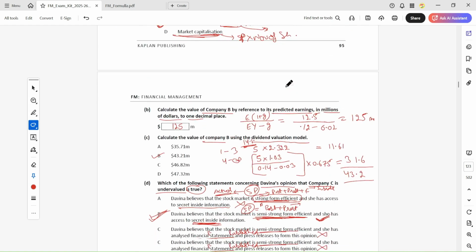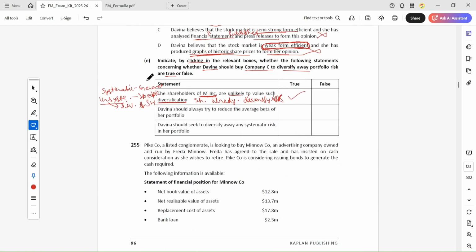So this systematic risk, which is general economic risk, cannot be diversified, but the unsystematic risk, which is specific, can be diversified, and this is already done by the shareholders. So MINC is unlikely to value such diversification, because shareholders have already diversified their risk.